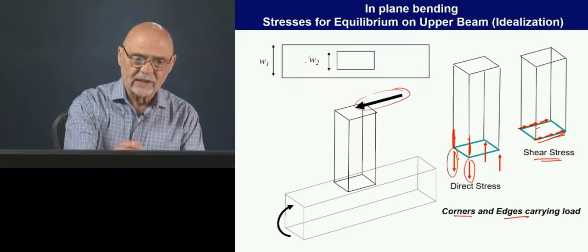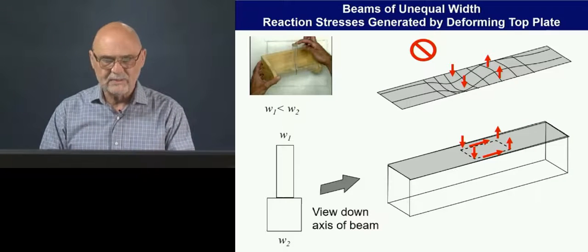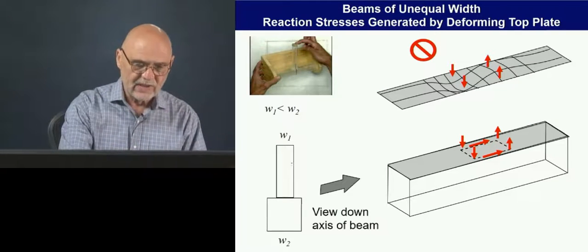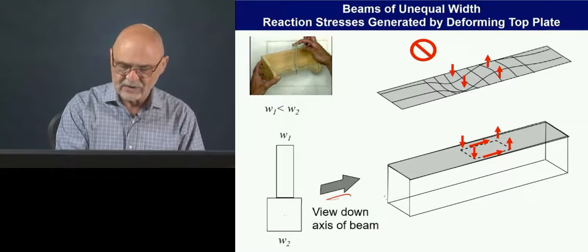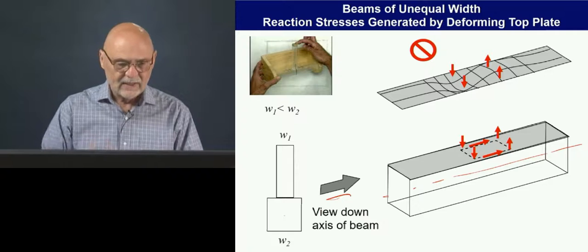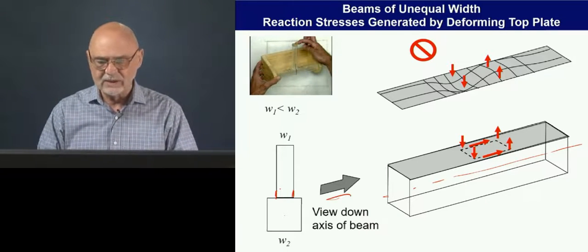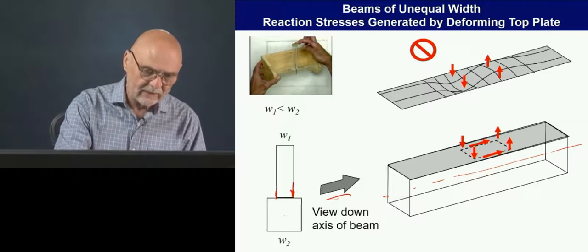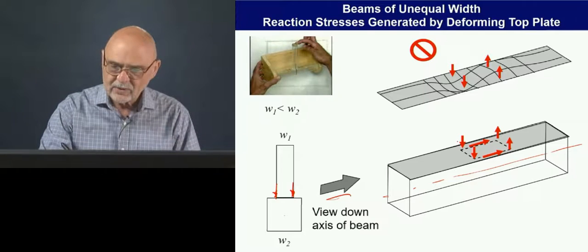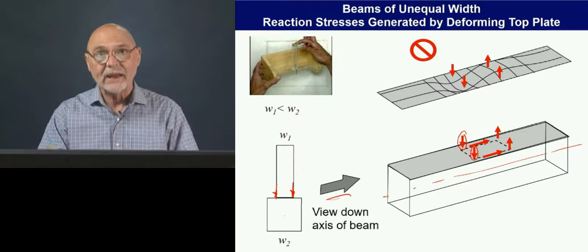So let's take a look at this case. Again, there's a difference between the width of the two beams. Here is the end view of this beam, a view down the axis of the beam. Here's the axis. So we have this difference here between W1 and W2. What that means is that the loads coming in here appear at the corners of the beam, and they're being applied to essentially a flat plate.